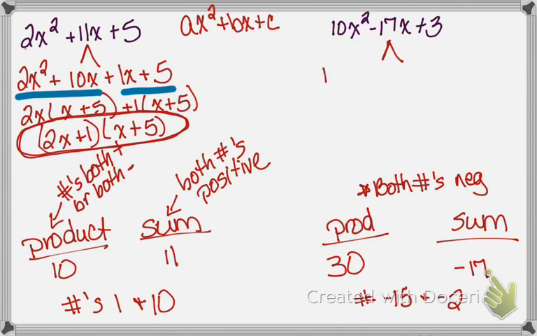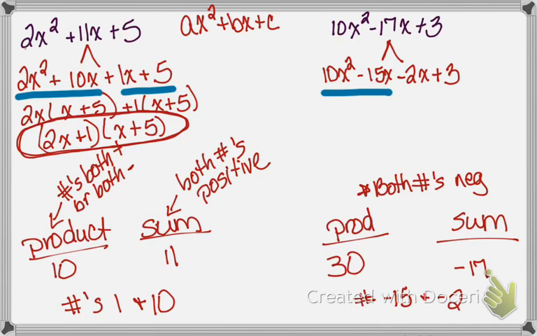So I have 10x squared minus 15x minus 2x plus 3. If you remember to split that term, you will remember how to do it the rest of the way. Splitting that term is where students get lost.